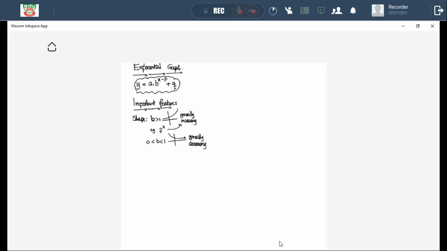Your function is going to be generally decreasing. So just a quick example there, y equals a half to the power of x. The base is a number which is between 0 and 1, so this is a generally decreasing function.